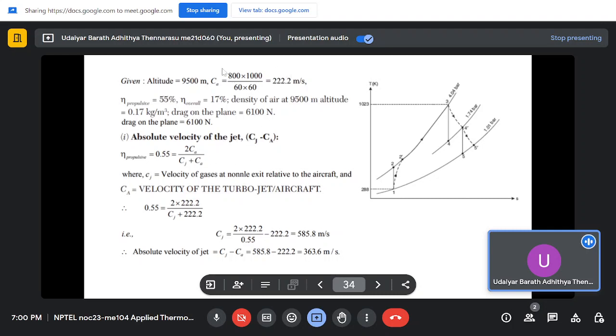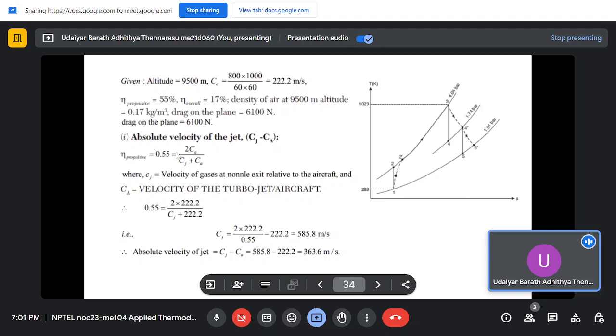We know air velocity, and we know propulsive efficiency, which is 55%, and propulsive efficiency can be written in terms of velocities. Propulsive efficiency is 2 times air velocity divided by jet velocity plus air velocity. Substituting that, we can find out the jet velocity, which will come out to be 585.8 meters per second.